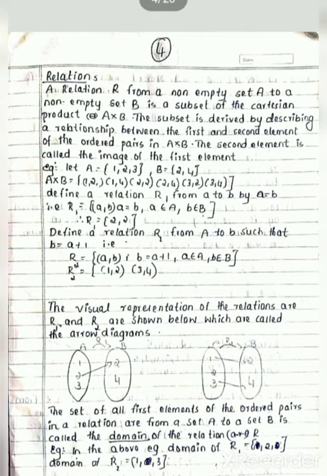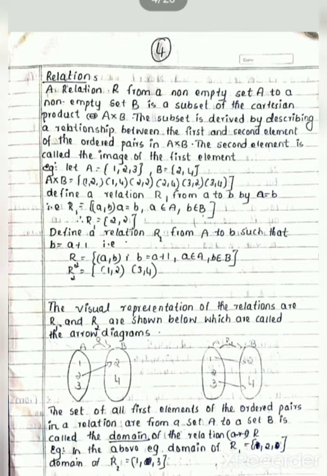Among A cross B, what are they? (1, 2). See, 2 is 1 more than 1. What about (1, 4)? No, it is not, because 4 is not 1 more than 1. So it is not included in the relation R2.